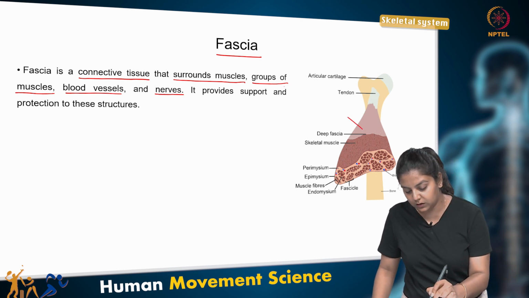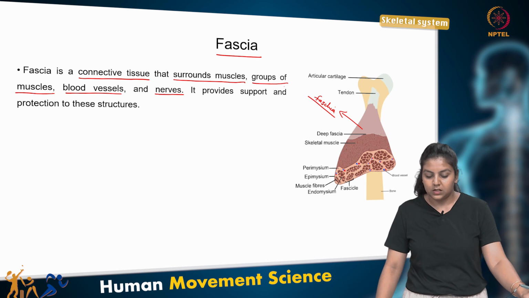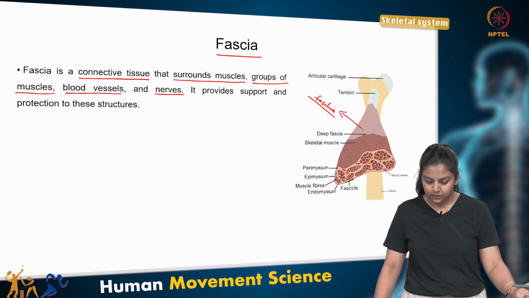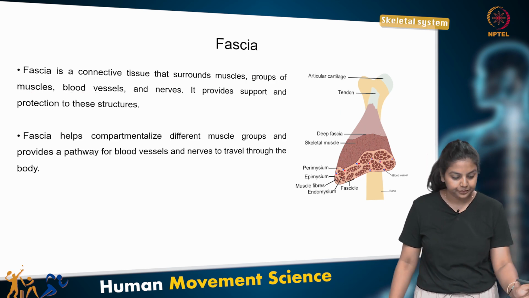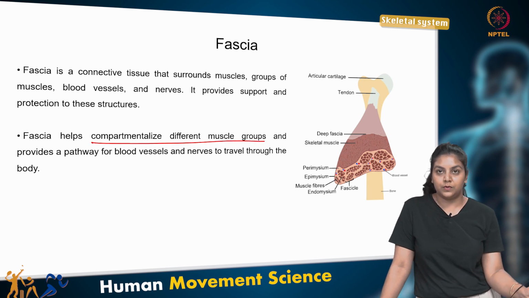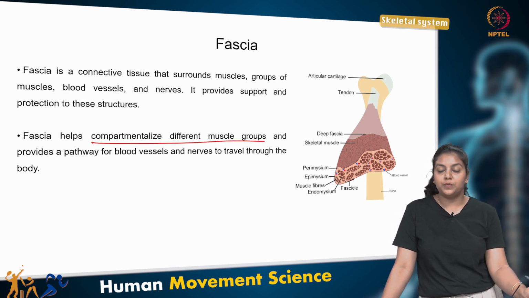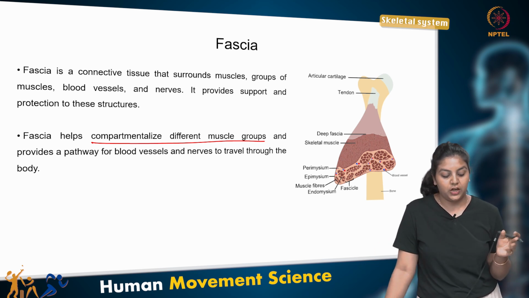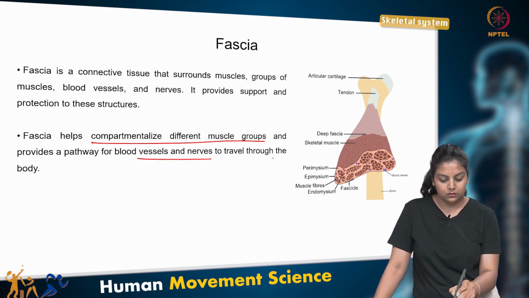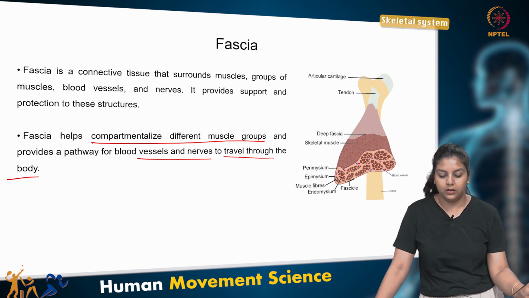As we can see here, that is the fascia, surrounding this muscle. It also helps compartmentalize different muscle groups. Imagine the muscle groups in your calf. Fascia helps compartmentalize these different muscle groups, and it provides a pathway for blood vessels and nerves to travel through the body. So it's an important connective tissue.